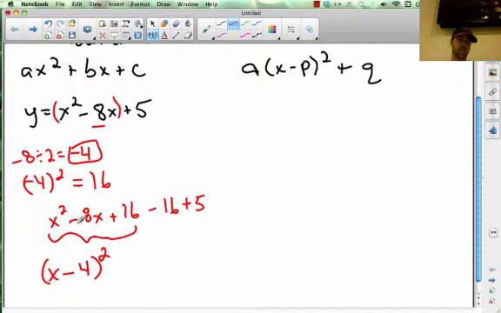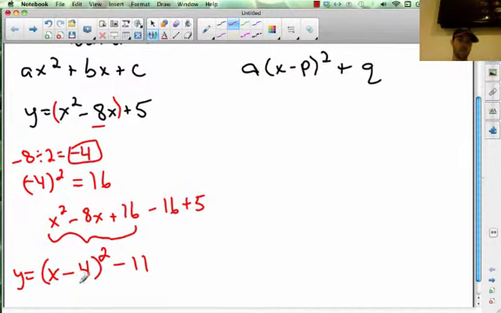So this whole trinomial turns into x minus 4 squared. And if you want to double check, you can go ahead and expand that and you should end up with exactly this. And then what we're left with over here is negative 16 plus 5. So negative 16 plus 5 will of course leave you with negative 11.